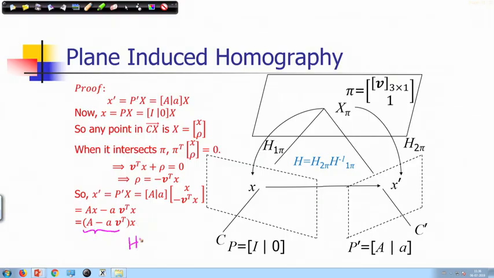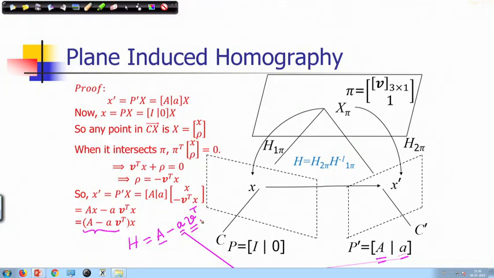That means, plane induced homography can be expressed in this form, where A is the 3 cross 3 submatrix of the projection matrix of the second camera, P prime, and this vector small a is the fourth column vector of this projection matrix, and V, as you know, is the direction ratios of the normal of the plane pi.